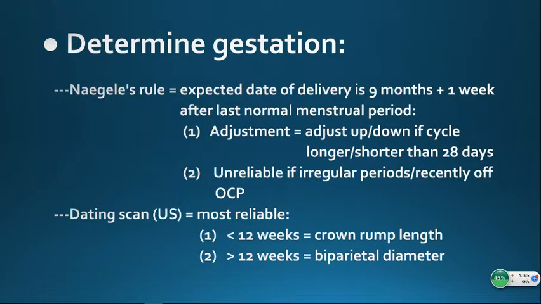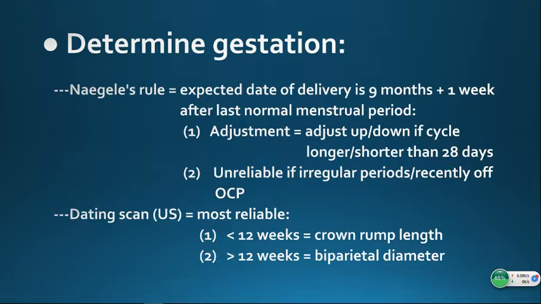The next thing will be to determine the gestation. Now it comes to the importance of knowing the woman's last normal menstrual period, because of the traditional dating method called Nagel's rule.